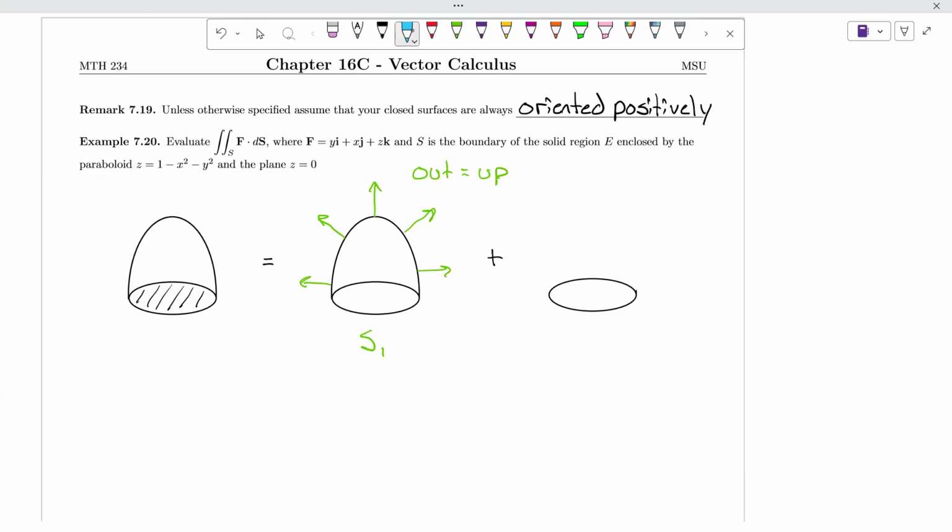But if I look at surface number 2, which I'll call S2, and actually I'm going to move S2 up there, outward along this surface means down. Out equals down.